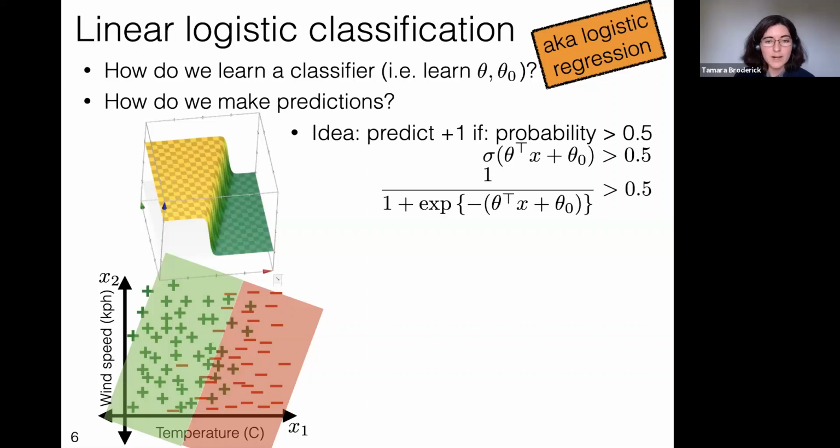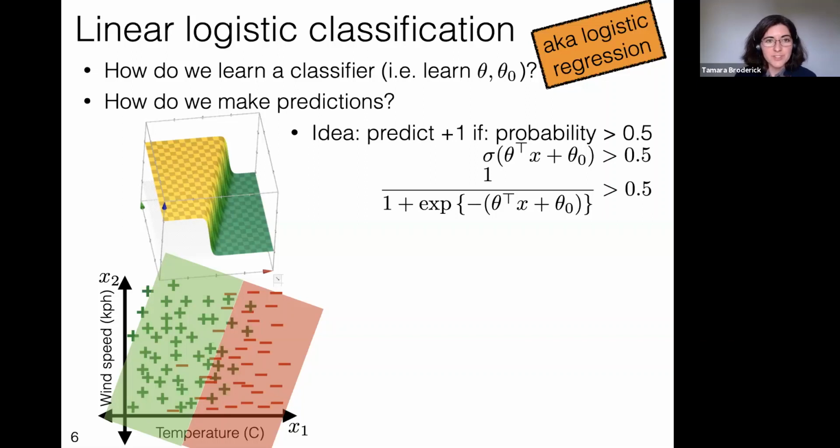Okay, well, just to see what this means, let's write this out. Just as we said on the previous slides, you can use the definition of the sigmoid function: it's 1 over 1 plus exponential of negative the argument. So this is another completely equivalent way to write that the probability is greater than 0.5.